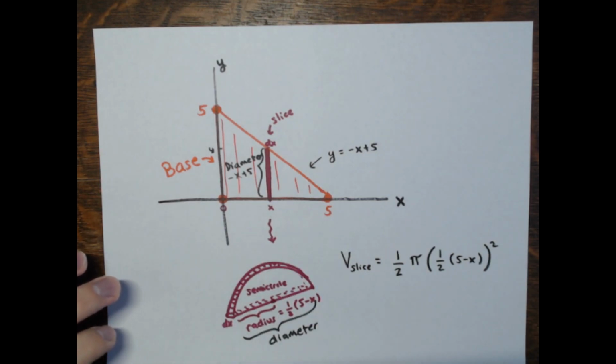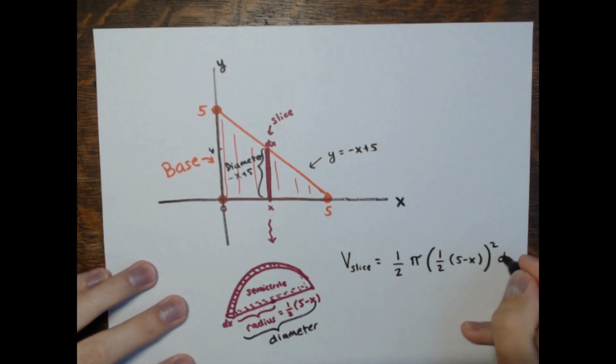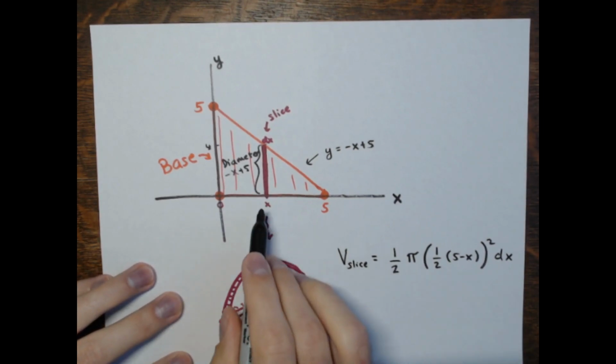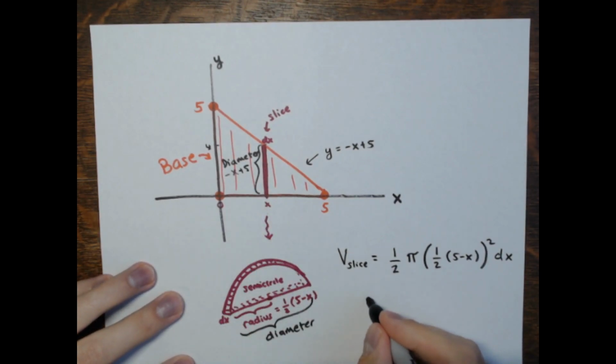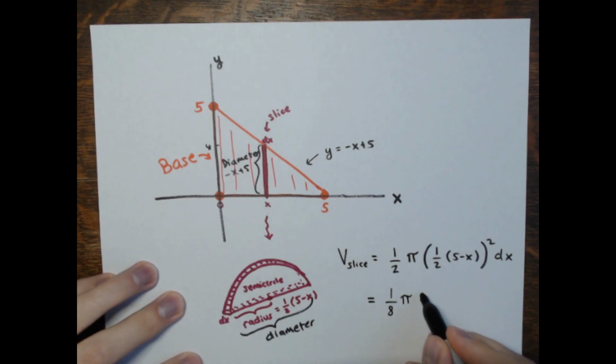Again, it's the area of the face, the area of the cross section, times the thickness, times dx. So there's the volume of a single slice at one particular x value. I'm going to simplify this a tad. Right here, when I square a half, that's a quarter, and then times this half out here, that'd be 1/8. So I'd have 1/8 pi, and then you have the 5 minus x also being squared, and then times dx. So I'm going to look at it this way.